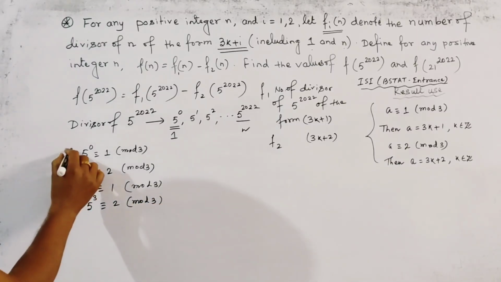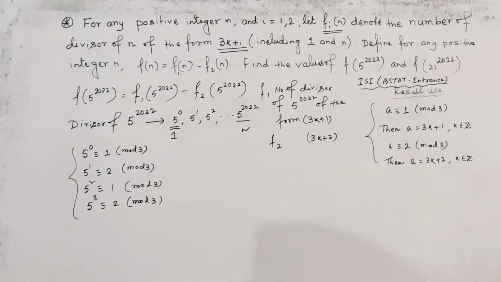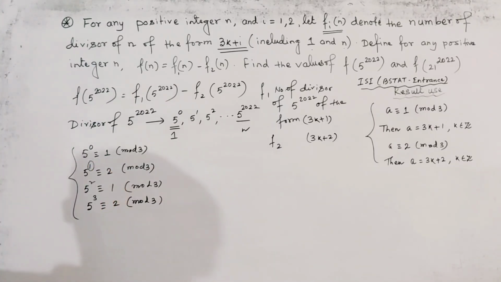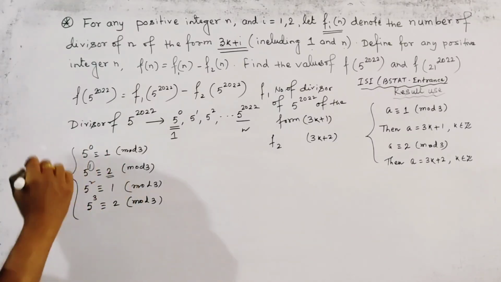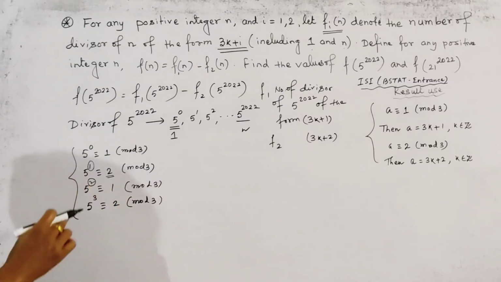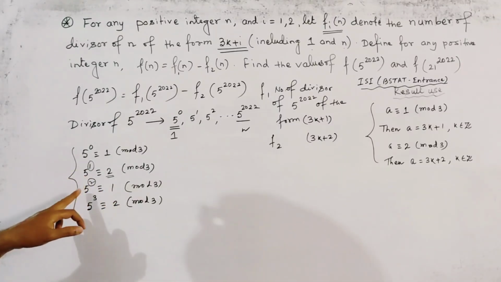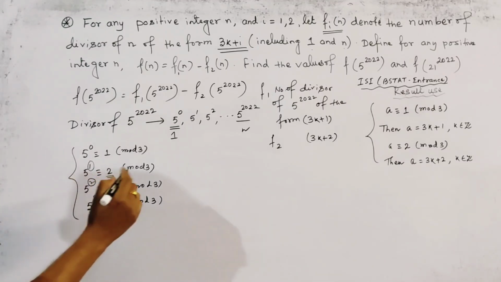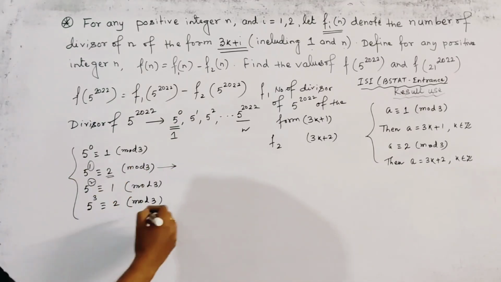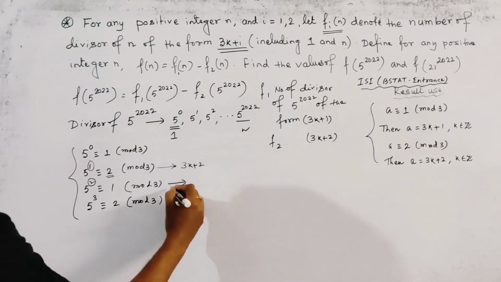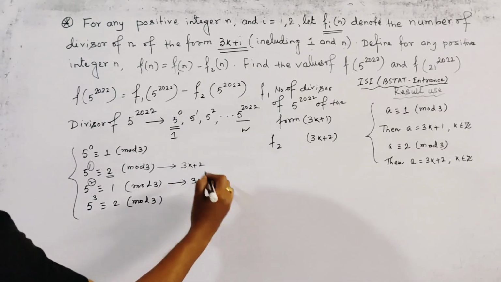From this series, it is clear that if we take an odd power, then we get remainder 2, and if we take an even power, then we get remainder 1. So such a divisor is of the form 3k plus 2, but this type of divisor is of the form 3k plus 1.